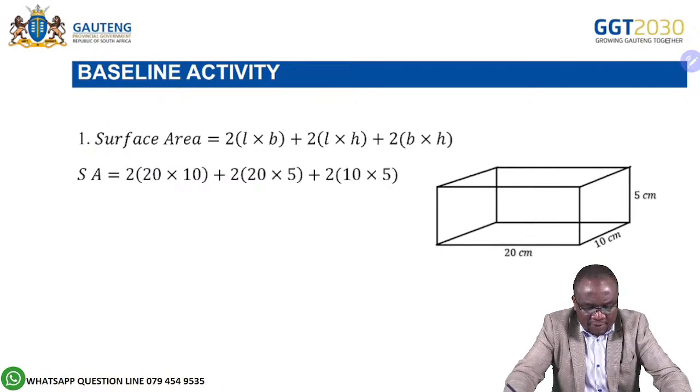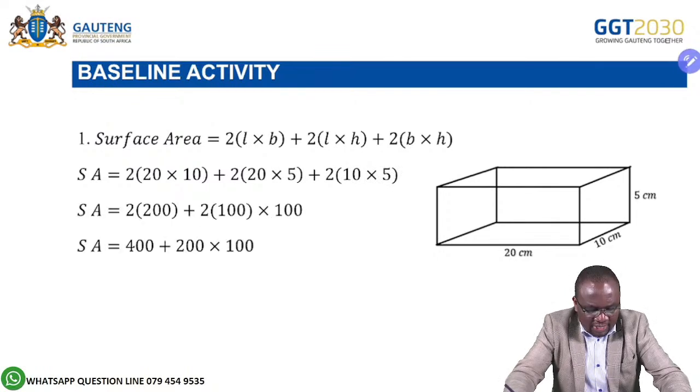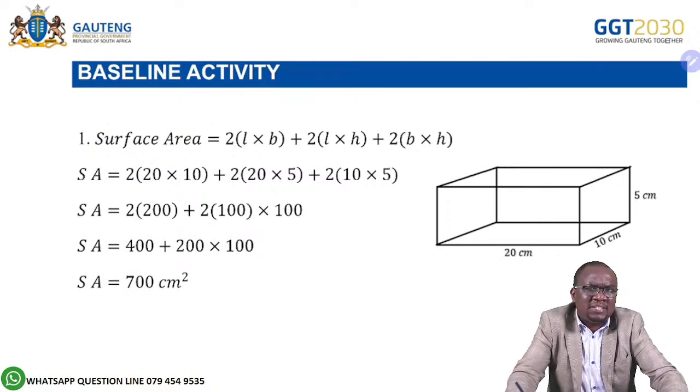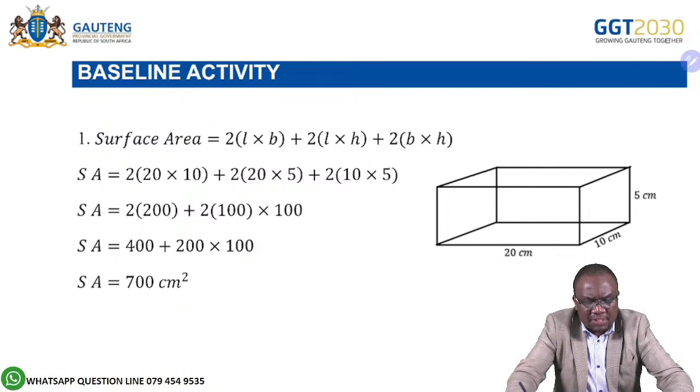You put your dimensions like this, and we get our answer, which is 700 square centimeters. Did you get it right? If you use this method, please check, and if there are any corrections that you have to make, can you make them now in 30 seconds? This is the area you're supposed to get. In 30 seconds, I'm going to wait for you here.